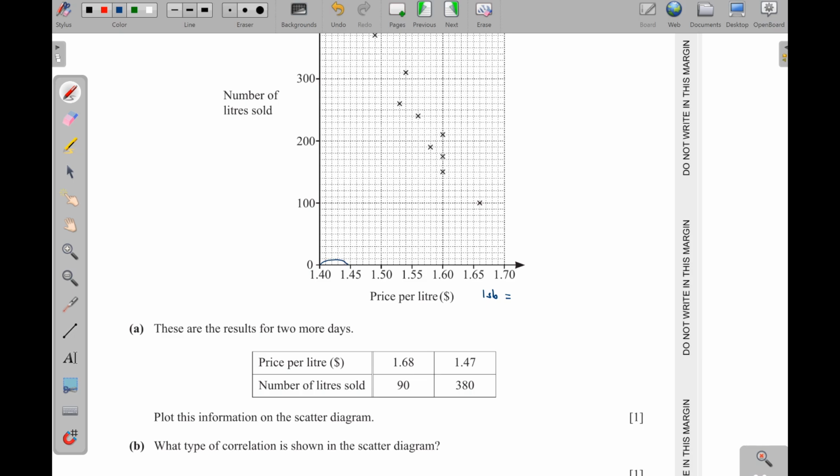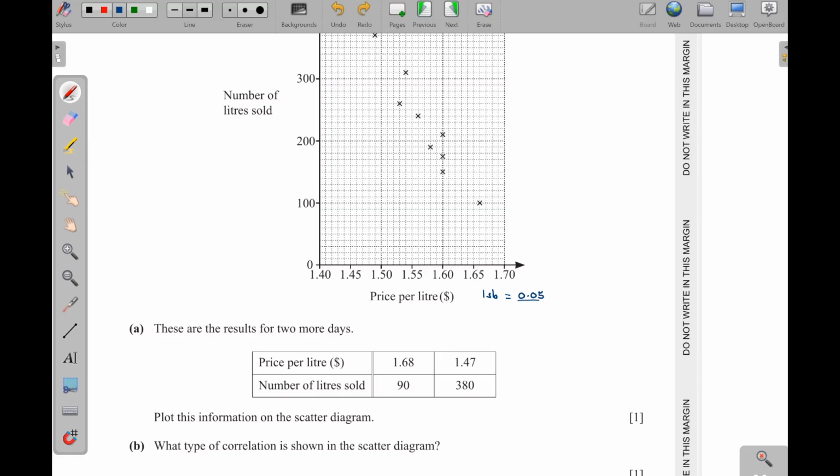Every time, they are adding 0.05, because if you add 0.05 here, you get 1.45. Then again, 45 plus 5, that is 50, 55, 60, something like that. So that means one small box is equivalent to 0.05. That is what they're adding on.